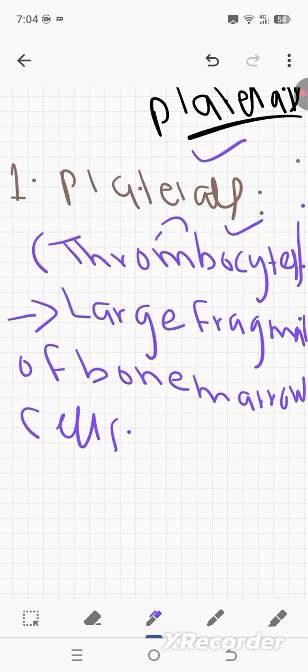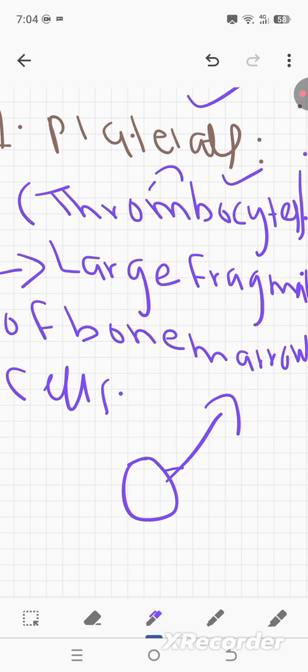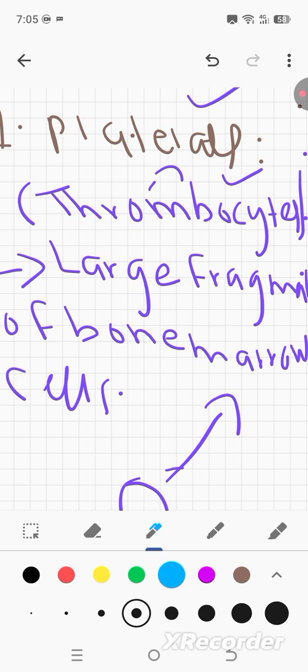Let me give you an example. Just think it's a cell, a bone marrow cell. After some process, in some cases, some part of this cell gets separated from the cell.